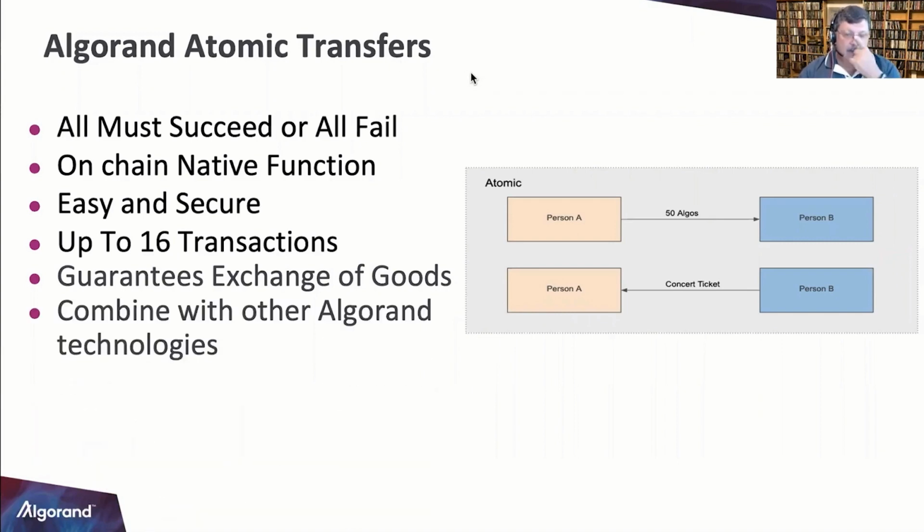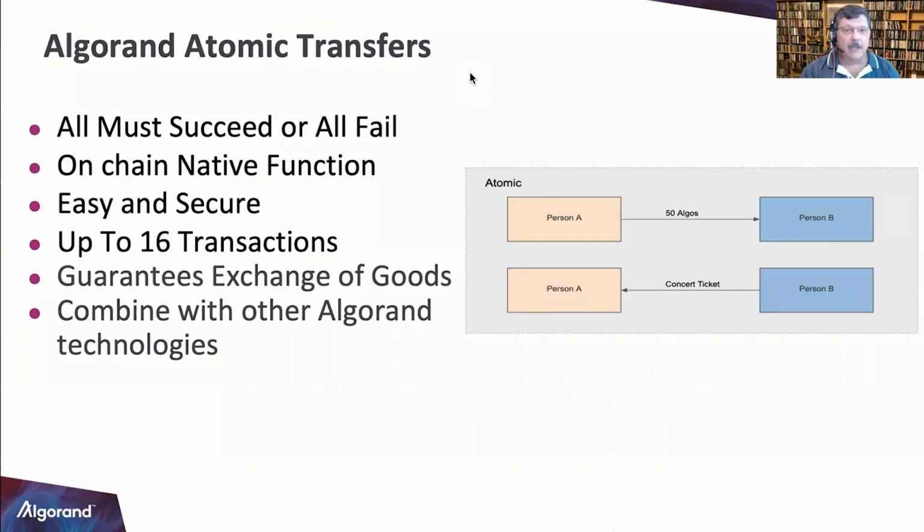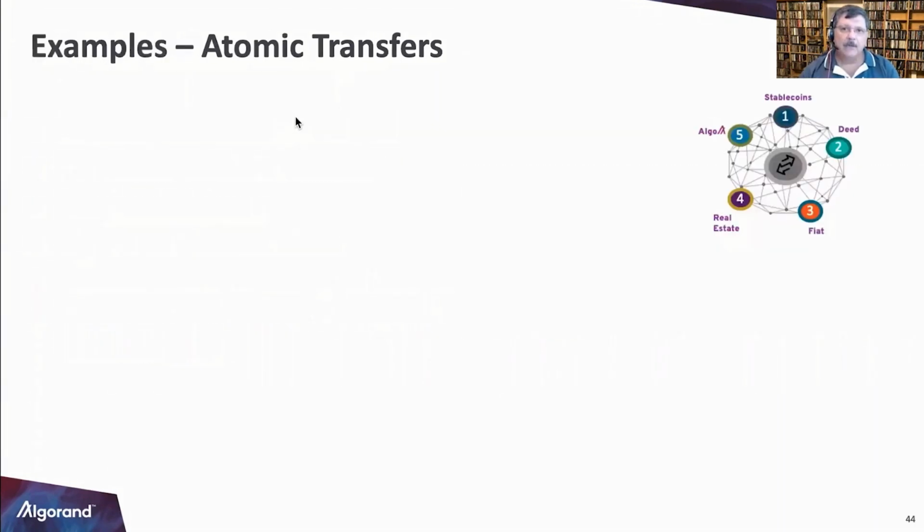And this is really good because now you can start combining with other Algorand technologies. Like you could combine an atomic transfer with the smart contract. Maybe the smart contract piece has the time limit on it. It has to occur within a certain amount of time. And so things are really starting to evolve here into what we refer to as a solution for a blockchain use case.